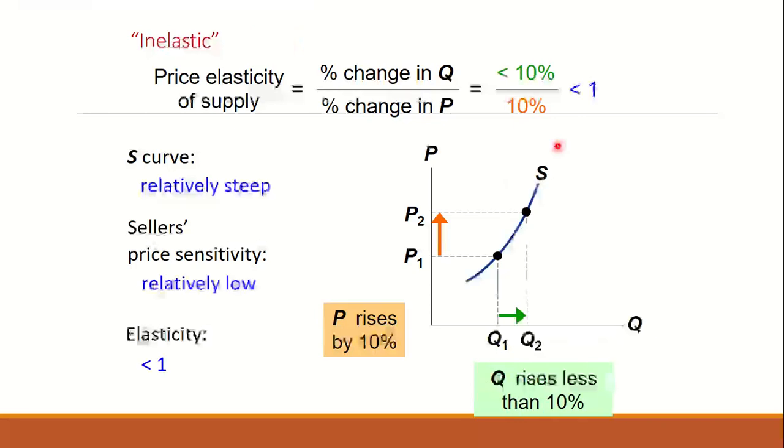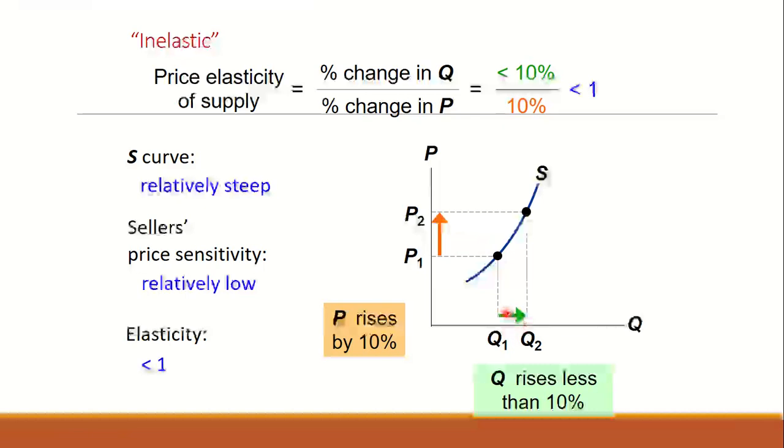Next is inelastic supply. Here the supply curve is relatively steep. Seller's price sensitivity is relatively low. There is very little movement along Q, as you can see here. You don't cover a great amount of quantity with an increase in price. Here price increases by 10% and quantity rises by less than 10%.